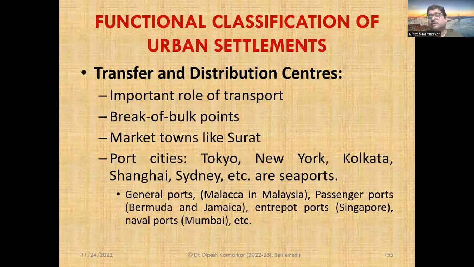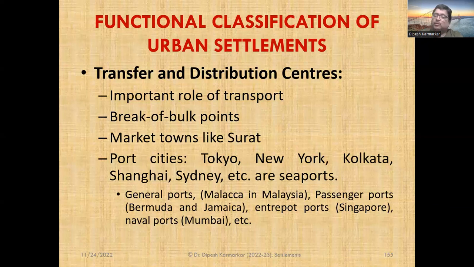Port cities are particularly significant in this context. So the port cities like Tokyo, New York, Kolkata, Shanghai, Sydney, Mumbai is also a port city, and these are very significant seaports. Because they are port cities, a number of functions are carried out, but transfer and distribution of commodities remains a very significant function. Depending upon what kind of port it is, we can go into further detail.